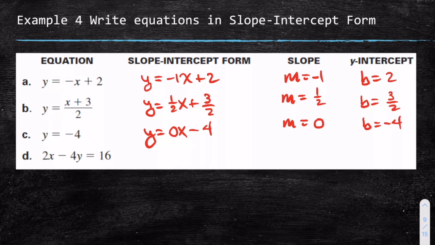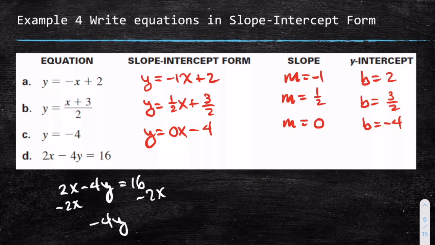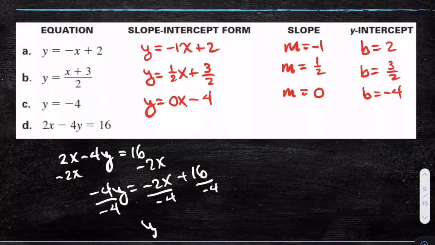Okay, this next one is going to take a little bit of work. So we're going to bring it down here, and we're going to say 2x minus 4y is equal to 16. We want the y all by itself, and I want it to the left, so I'm going to subtract 2x from both sides. And when I do that, I get -4y is equal to -2x plus 16. And I'm going to divide everything now by -4, and I get y by itself now.